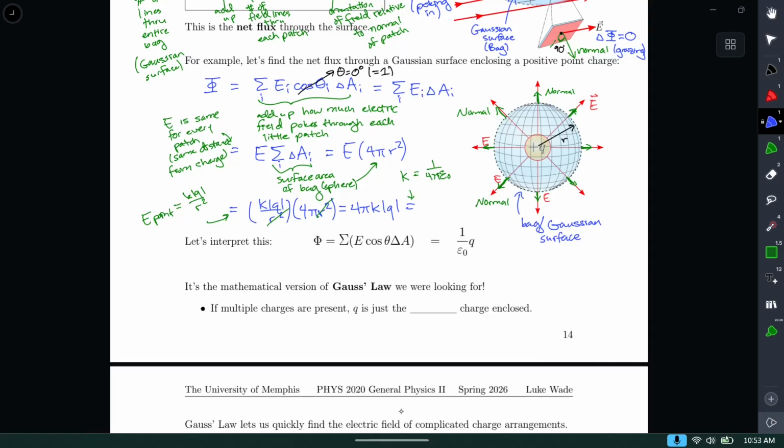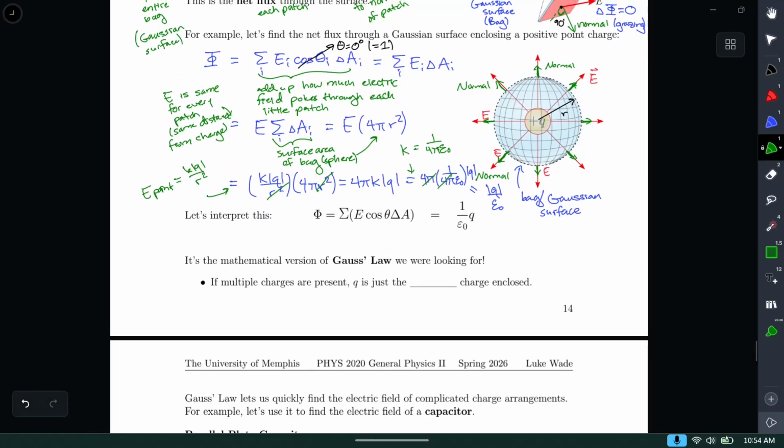So if I replace K with that, the 4π's cancel out. And I'm left with this Q thing over here. So this all comes out to, if you have any room left, the size of the charge over epsilon 0.